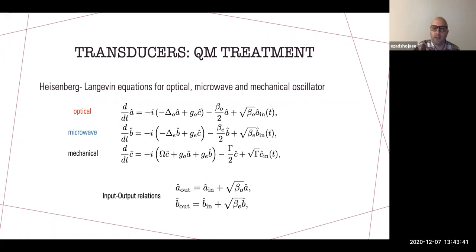Just as a reminder, if the system was closed, this would be your Heisenberg equations of motion. But now that you have couplings or talks to the environment for each one of these oscillators, under certain assumptions that are met in the experiment, you can slightly modify these equations of motion for the optical, microwave, and mechanical fields.